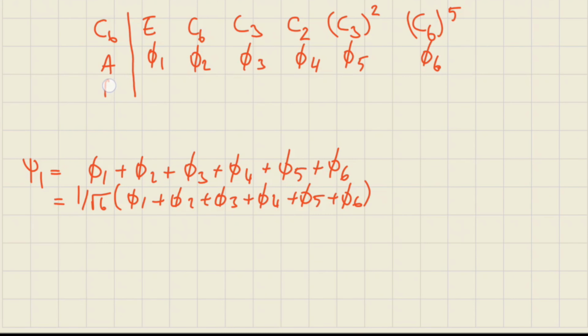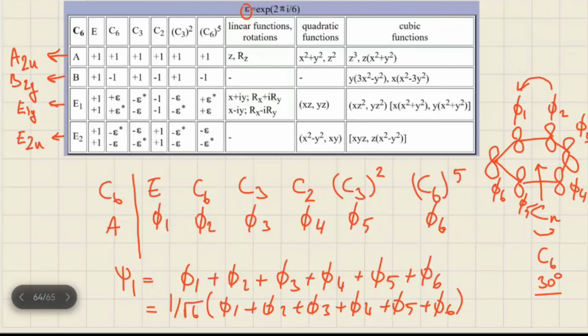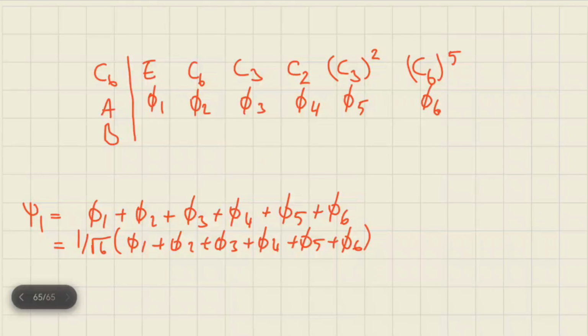I will write the other easy one, which is B. So if I apply the B here, I will write the answer directly. So it will become, actually B is 1 minus 1, 1 minus 1, 1 minus 1. So it is the asymmetric version.